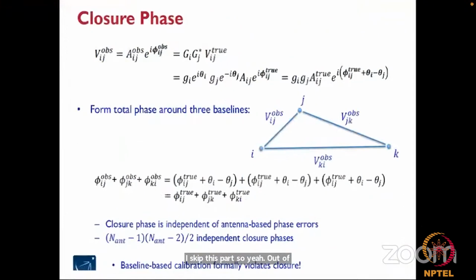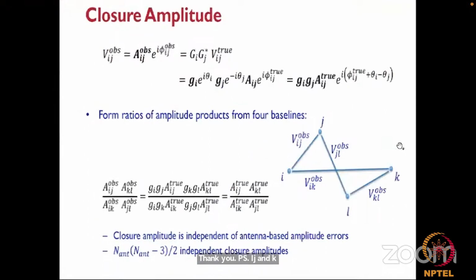Another important thing in this discussion is that there is a redundancy in the entire observation. Say you have three antennas, i, j, and k.